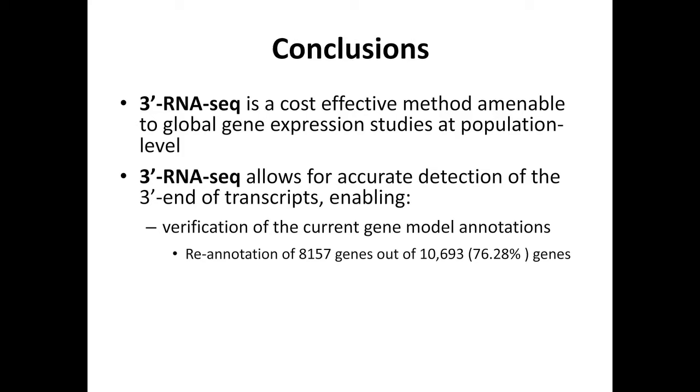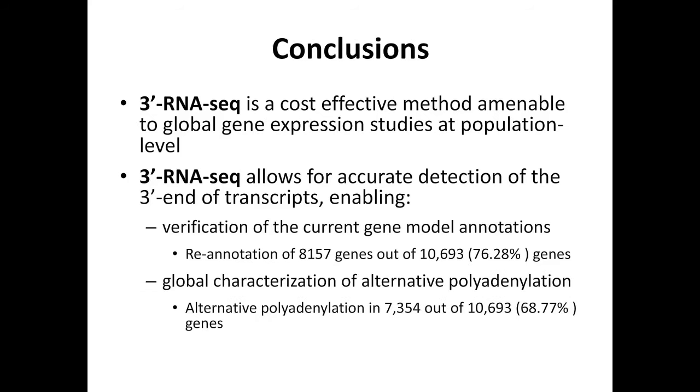Based on this data, we re-annotated 8,157 genes out of 10,693 genes. These 10,000 genes are the genes that are expressed in adipose tissue based on our data. So basically, we re-annotated 76% of the genes, and we were able to characterize alternative polyadenylation sites.